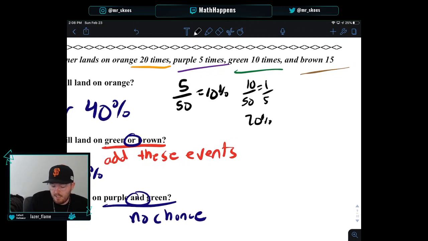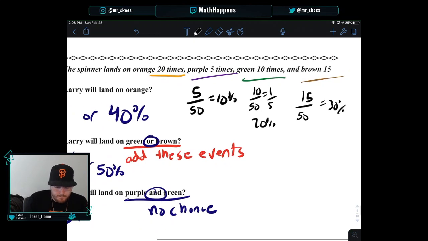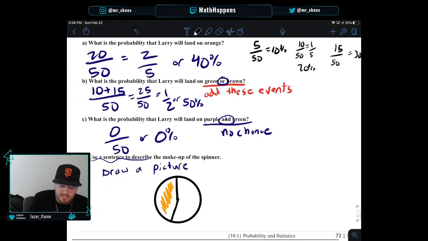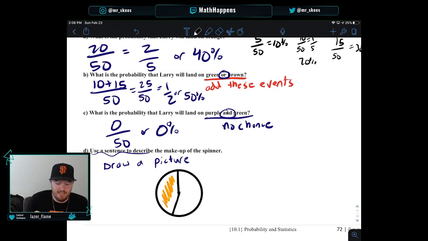10 out of 50 is 20%. And 15 out of 50, what does that come out to be? Like 30%. Okay. Well, we know that half the spinner is purple or brown and green, right? We literally said that here.